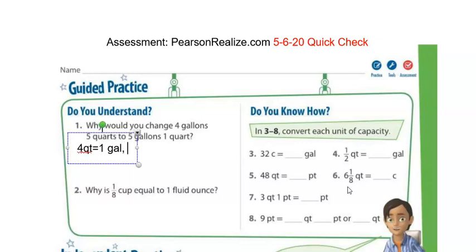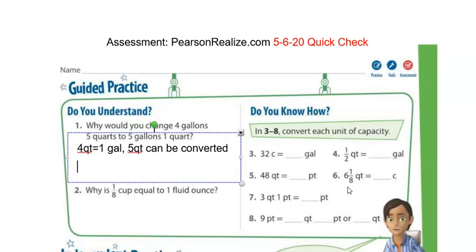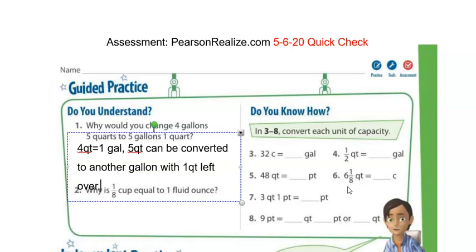So 5 quarts can be converted to another gallon with 1 quart left over.